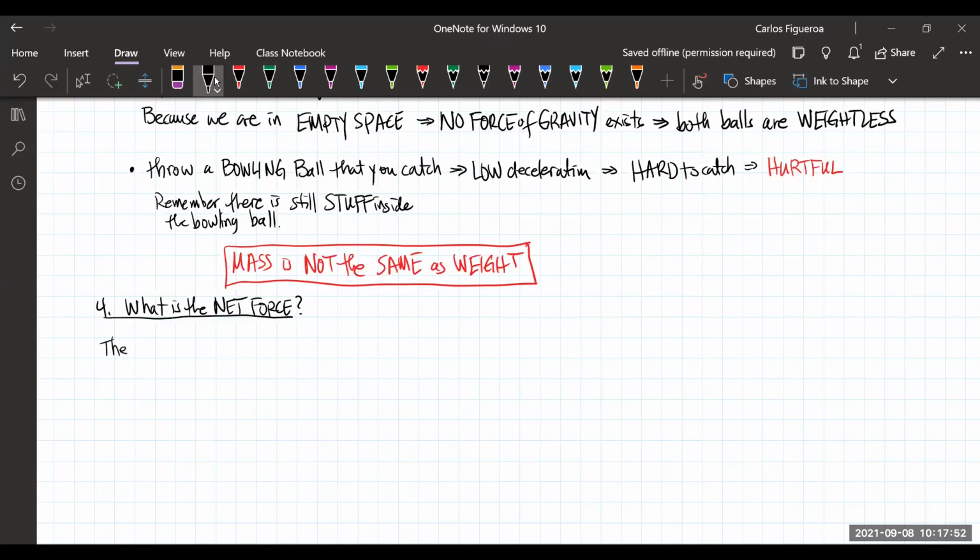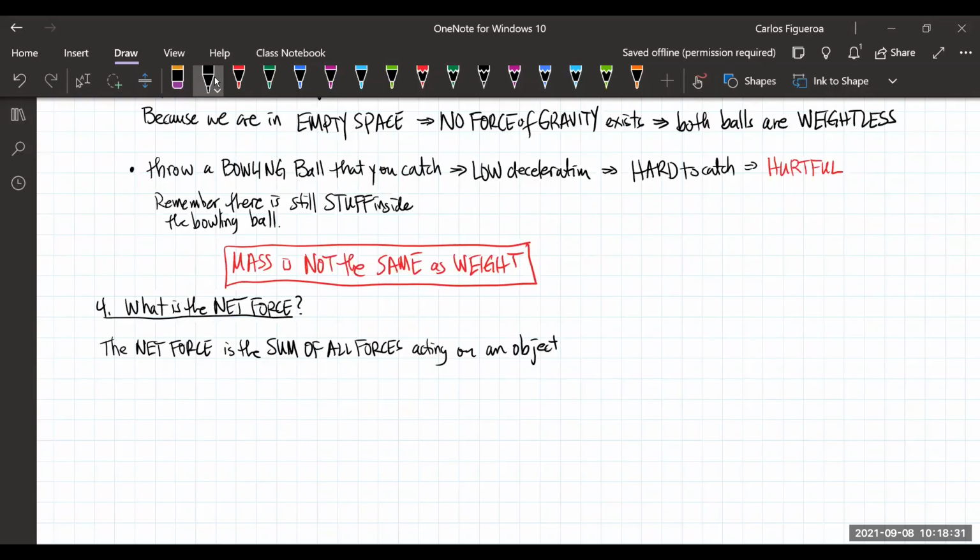The net force is the sum of all forces acting on an object. I want to really highlight this.